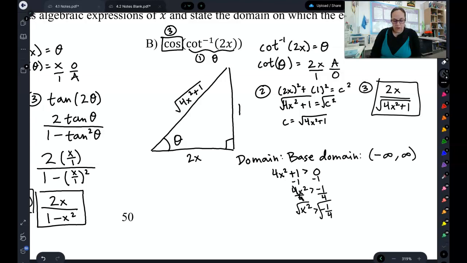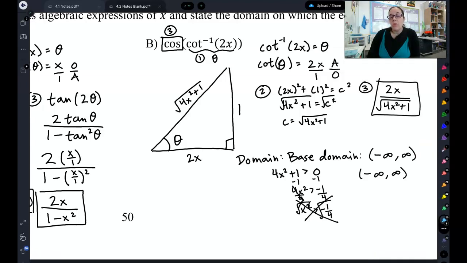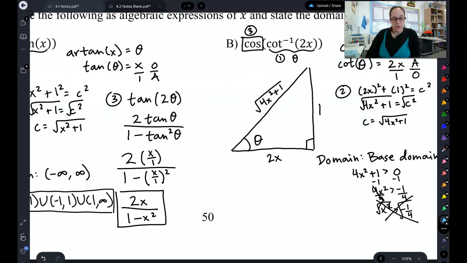And I'll pretty quickly notice that I'm square rooting a negative, which does not work. So that means that so far, my domain is still just negative infinity to infinity. Now, one last thing to be careful of. Hopefully you noticed this time that the 2 was in a different place in the equation.